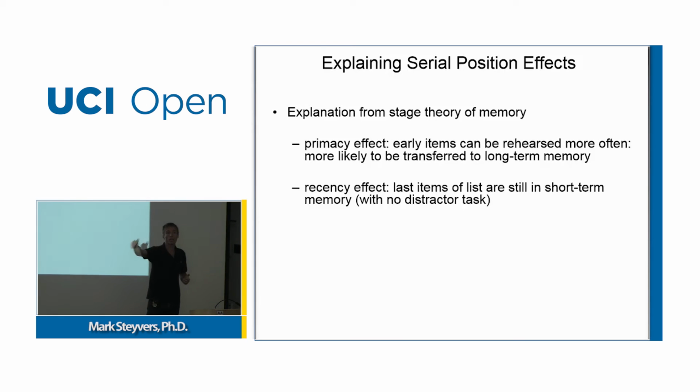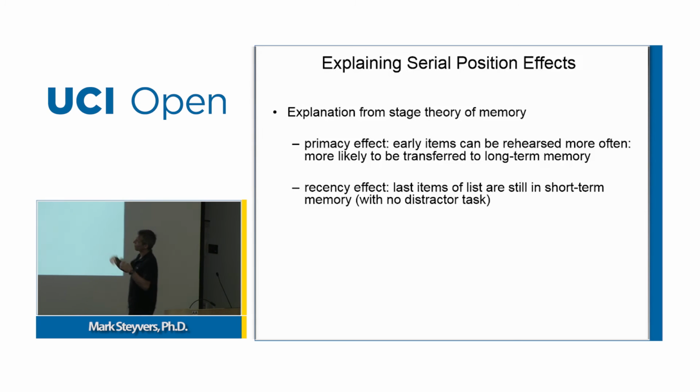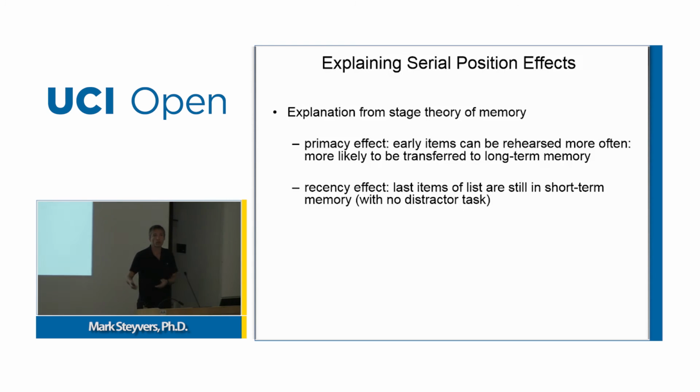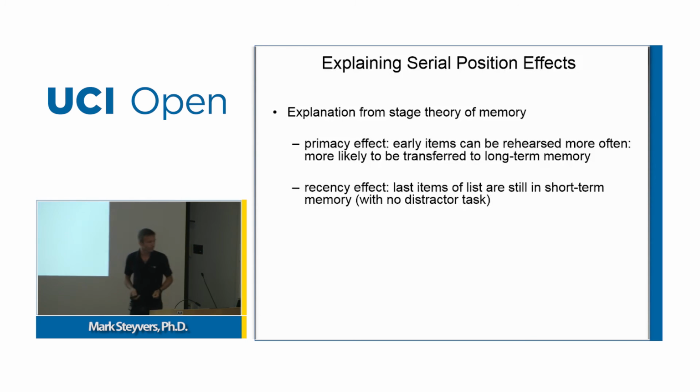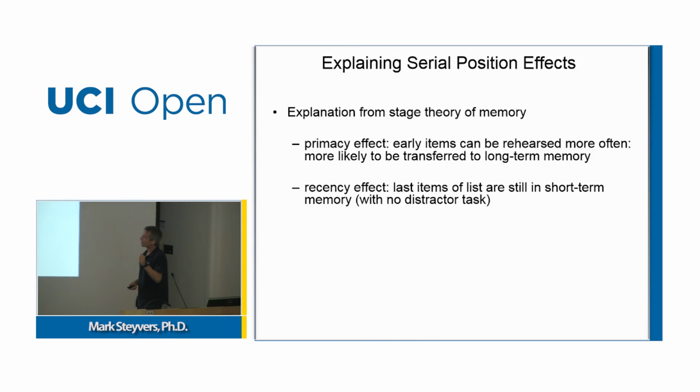But as you go on and you get more and more items, at some point you hit your memory capacity. You have to rehearse a lot of items at the same time, so you have less time on each individual item. That makes it less likely that you transfer to long-term memory. Because the probability that something gets transferred to long-term memory is dependent on how often you rehearse.